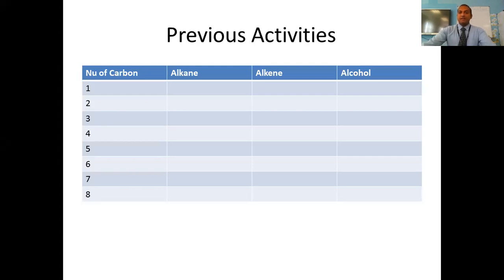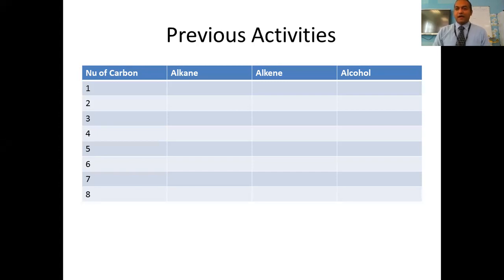So previously given for you to remember how to name or use whatever you have learned about the prefixes in organic chemistry and write the name for alkane, alkene, and alcohol. So guys, if you have done that, it is good.